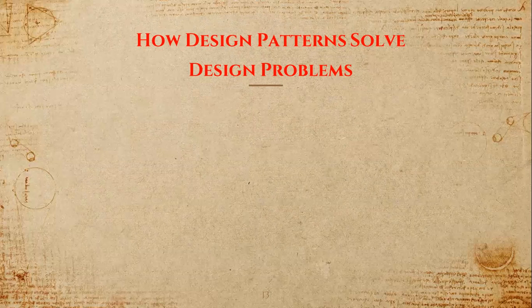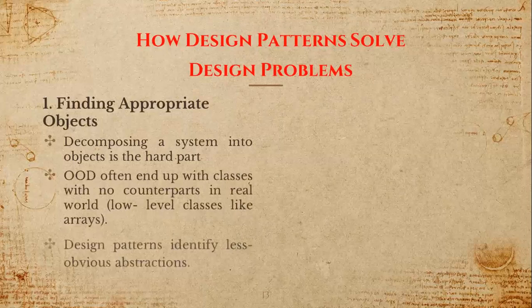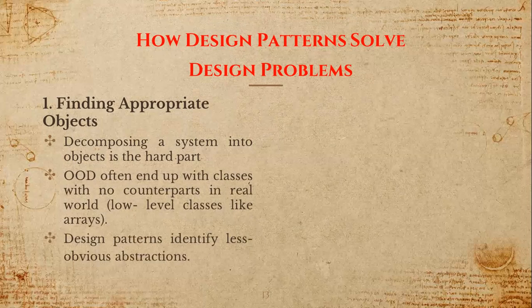To solve the first problem, we use finding appropriate objects. Object-oriented programs are made up of objects, and an object packages both data and the procedures that operate on the data. The procedures are typically called methods or operations, and an object performs an operation when it receives a request from its client.